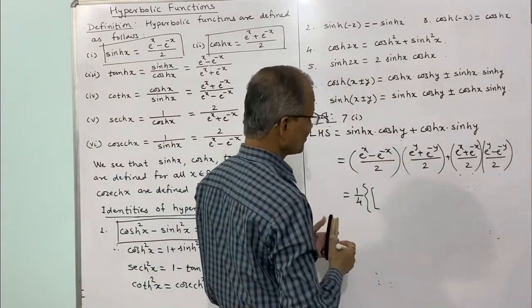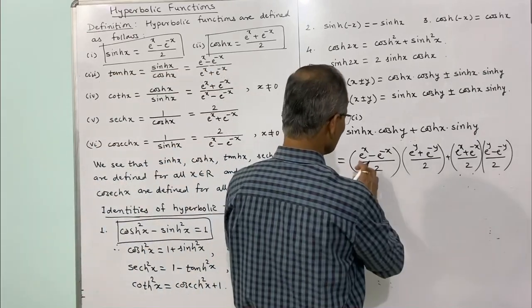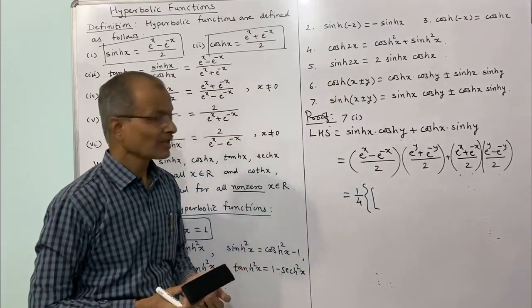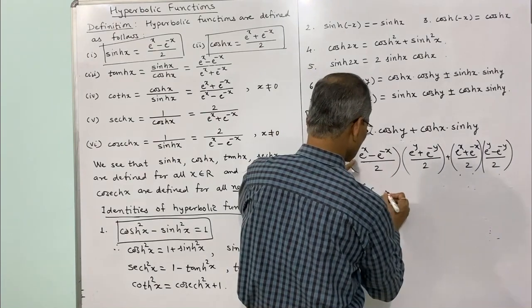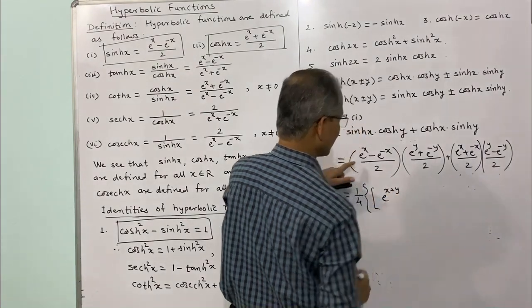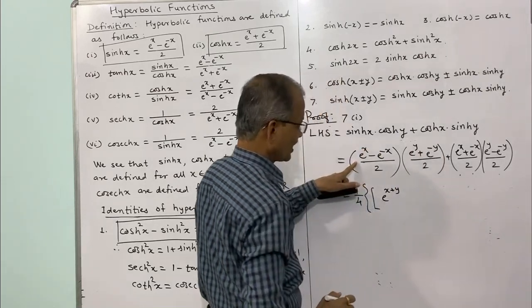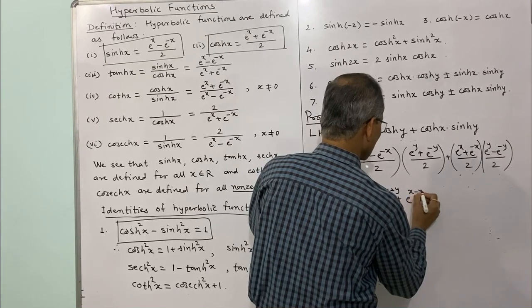And this is only the arithmetic simplification. This is e raised to x into e raised to y. We have to use the laws of indices, and this is e power x plus y. E to the power x into e to the power minus y, that is plus e to the power x minus y.